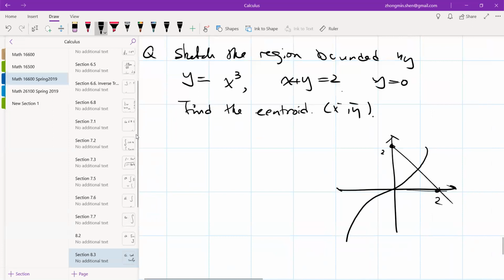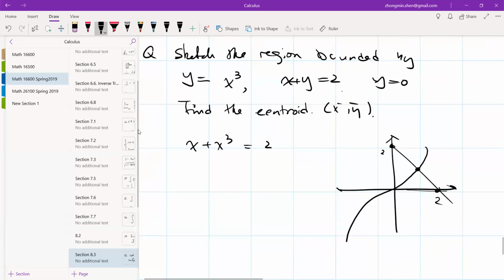You will see that there's an intersection point. So you have to find out what the intersection point is. Can we solve it? It's x plus x cubed equals 2, right?